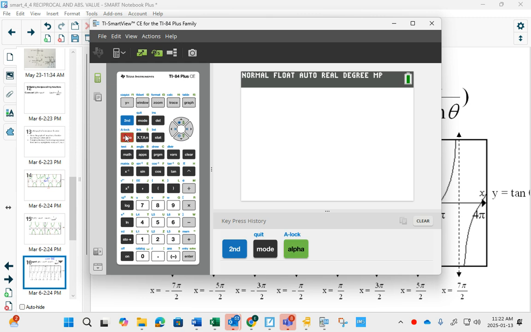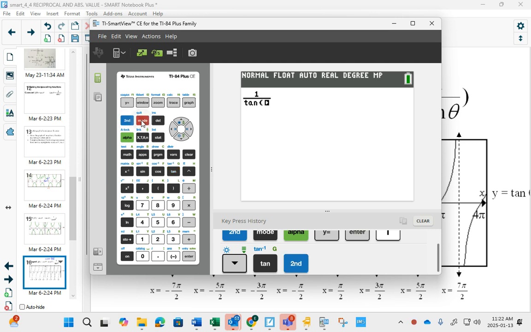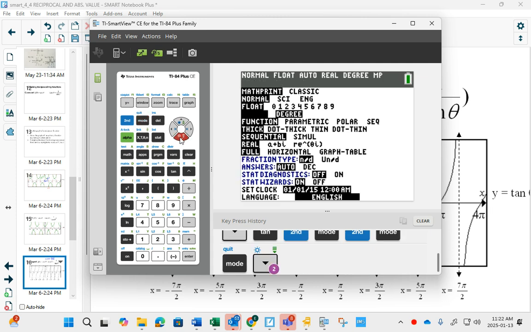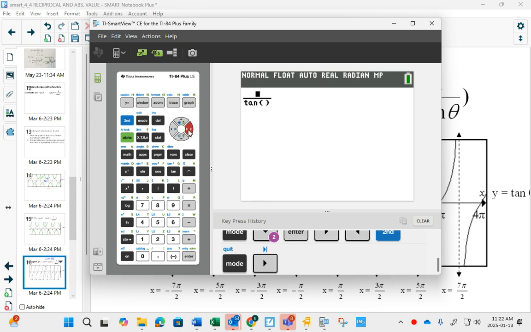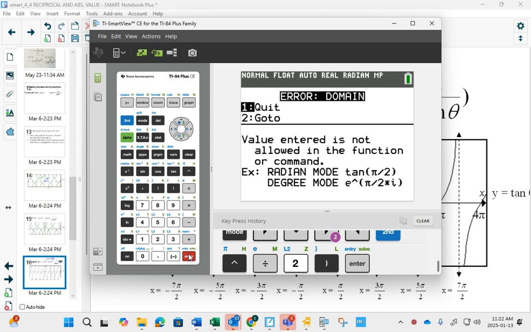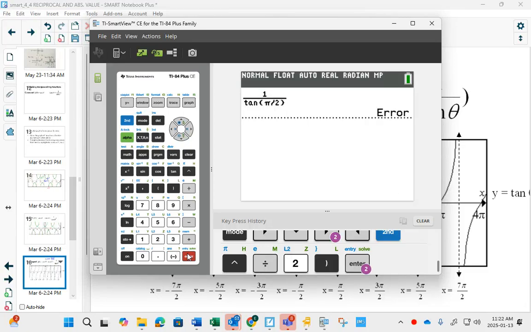If I do 1 divided by tangent of pi over 2, and I guess I have to be in radians to do this, my calculator says error, that's not allowed, because you're not allowed to do tangent of pi over 2. Okay?